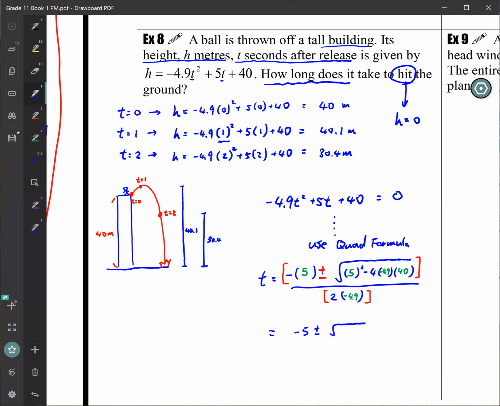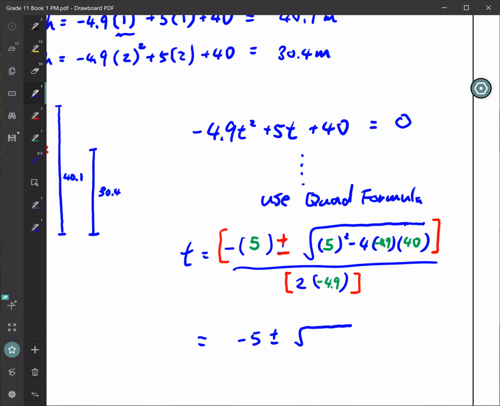Negative 25 minus 45.4 in the square root. I think it's too small, okay? Be careful on the sign, because there's a negative in here. Do you see a negative 4.9? That will make it 25 plus 4 times 4.9 times 40. Okay, try again.